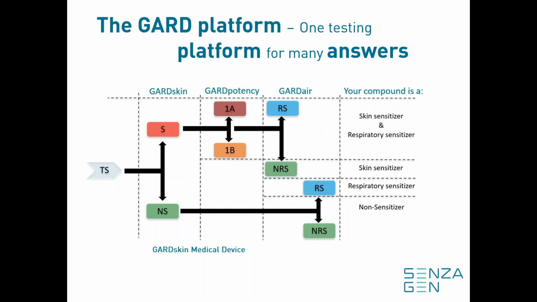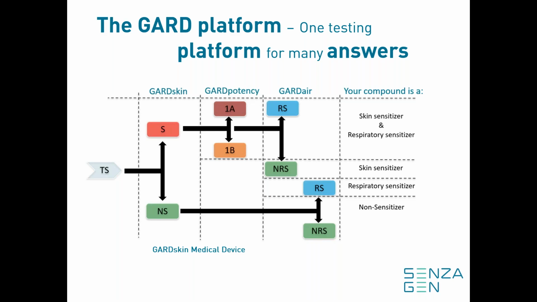So the different GARD assays can of course be used on their own, but they can also be used in combination in order to provide a more thorough risk assessment of your specific substance. This slide is basically to show how you can combine the different assays, so you can test your substance at the same time.